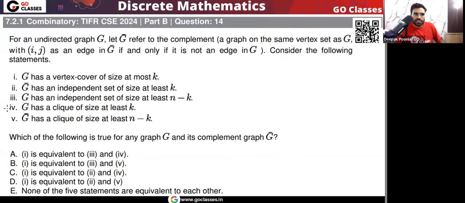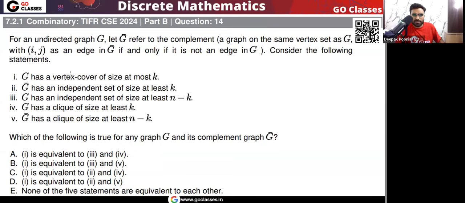Then consider the following statements. Five statements are given to you, and the question is asking which of the following is true for any graph G and its complement G complement. The options are: 1 is equivalent to 3,4; 1 is equivalent to 3,5; 1 is equivalent to 2,4; 1 is equivalent to 2,5; none of these statements are equivalent to each other.